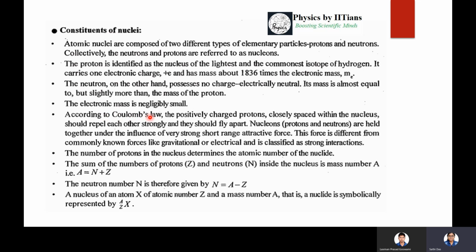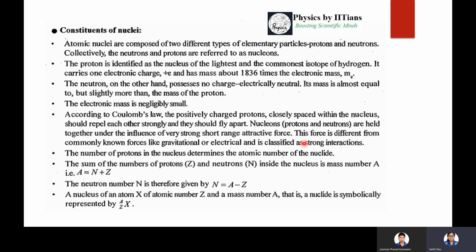Now according to Coulomb's law, the positively charged protons closely spaced within the nucleus should repel each other strongly and fly apart. But the nucleons, that is the protons and neutrons, are held together because of the influence of a very strong short range attractive force. This force is different from commonly known forces such as gravitational, electrical, or weak forces.